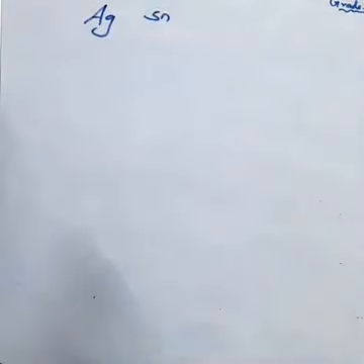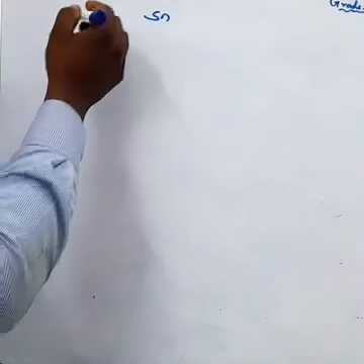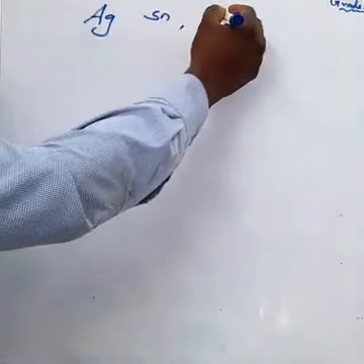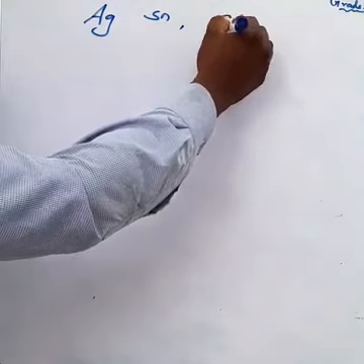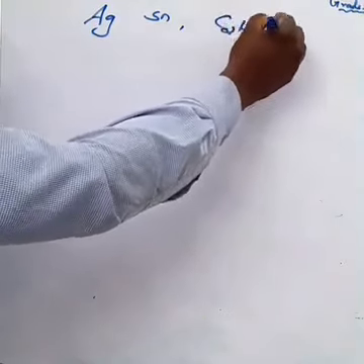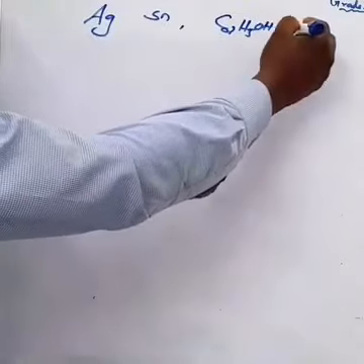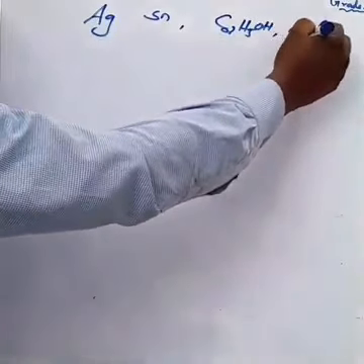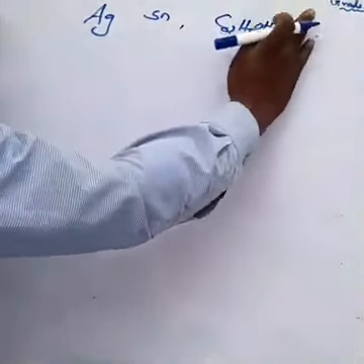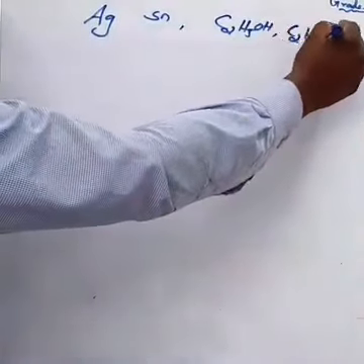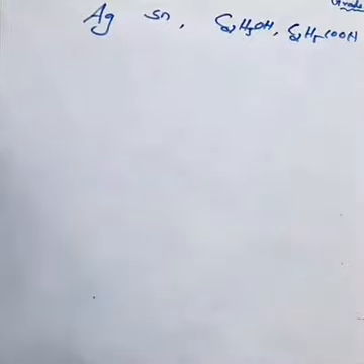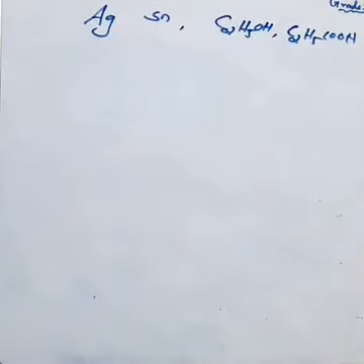And also one of the important points. What happens? Phosphorus pentachloride reacts with ethyl alcohol. And what happens? PCl5, that is phosphorus pentachloride, reacts with propanoic acid. We have to write the equation.